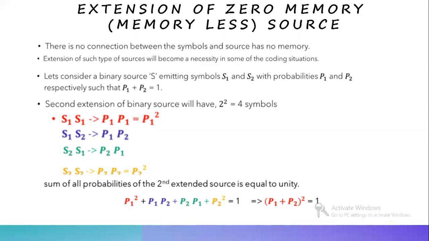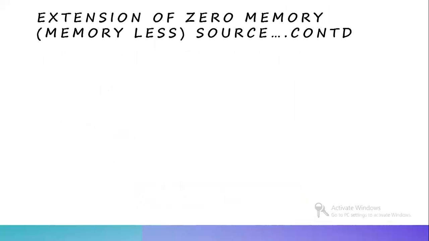Next, we need to know how to calculate the entropy value for the second extended source. We have already seen the entropy of the basic binary source. We'll just see it once again.